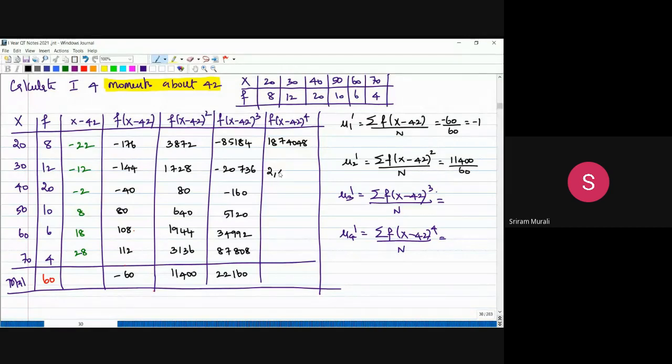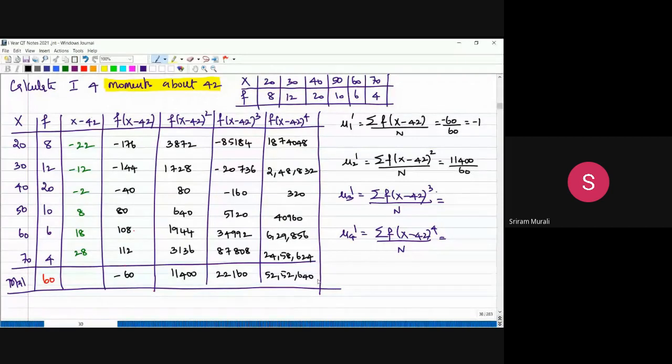This is 2,48,832. It is 320. It is 4960. It is 6,29,856. The last one will be 2458 and 624. If you add everything, you will get 52,52,640.